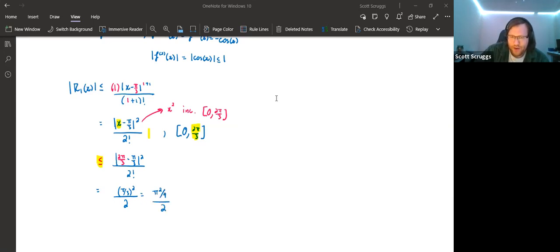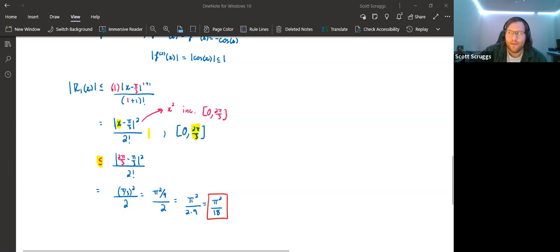Fraction in the numerator divided by another number, that's the same as multiplying those denominators together, giving me a final answer of pi squared over 18. And that gives me a bound for the remainder estimate.